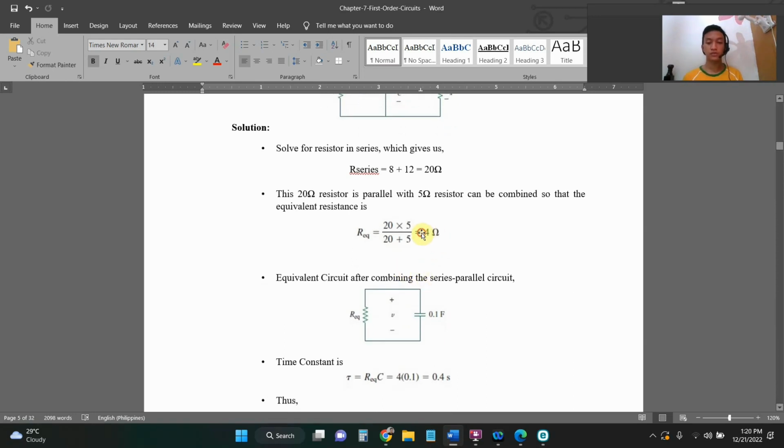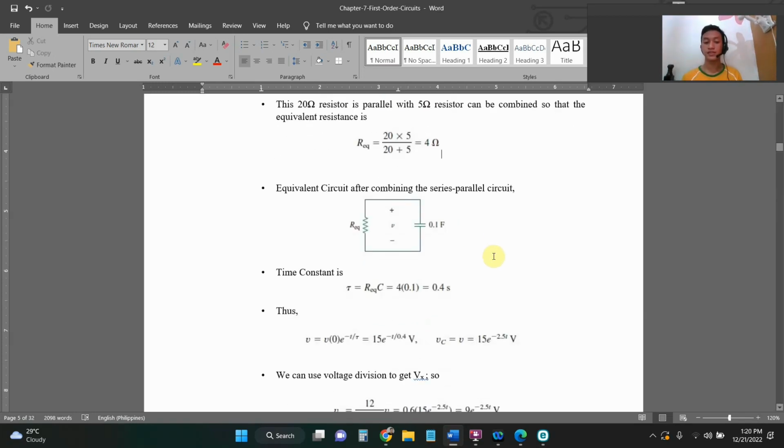Since we have a total equivalent resistance of 4 ohms after combining the series-parallel circuit, the time constant tau is equal to the equivalent resistance multiplied by the capacitance: 4 ohms multiplied by 0.1 farad, which gives us 0.4 second.